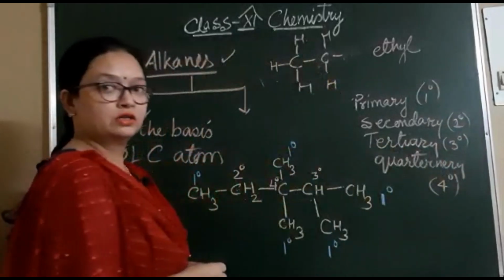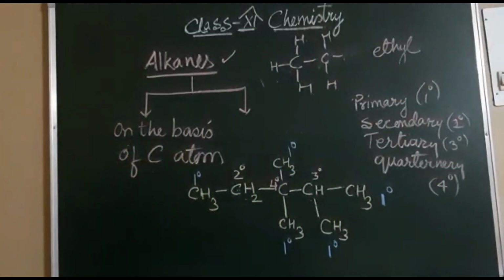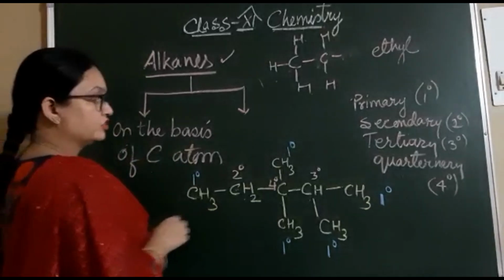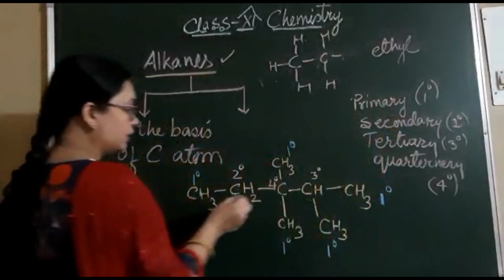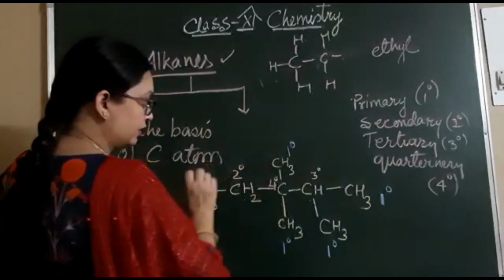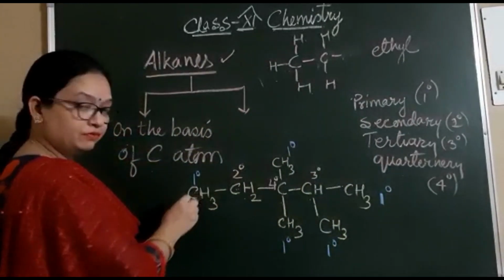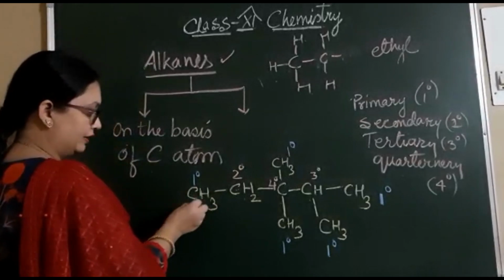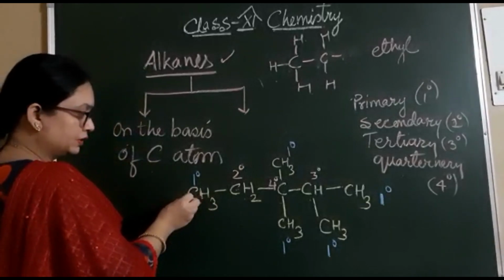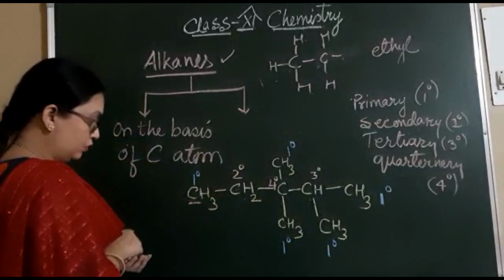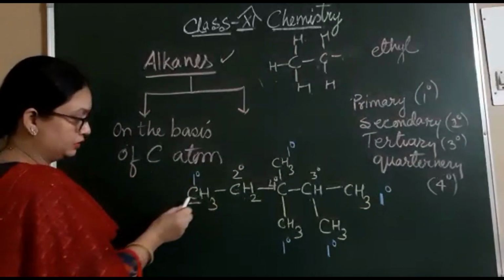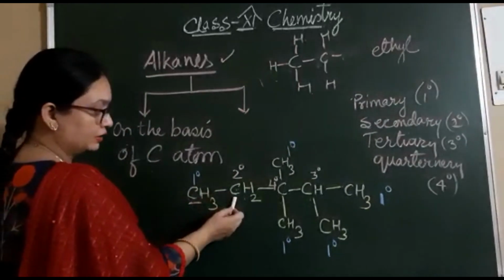Now let us see what it means. Primary carbon atom. In every carbon compound, you can see the carbon which is present in the corner. For example, this carbon is joined with one other carbon atom.